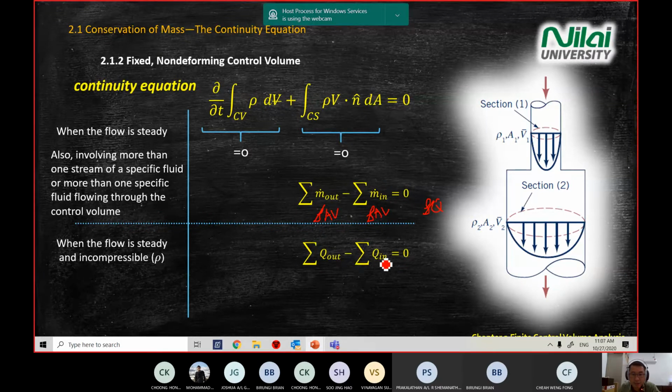Why negative in front of the in? Because of the direction. The flow in gets a negative.